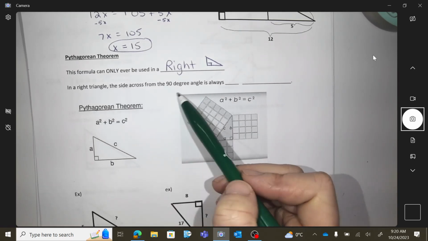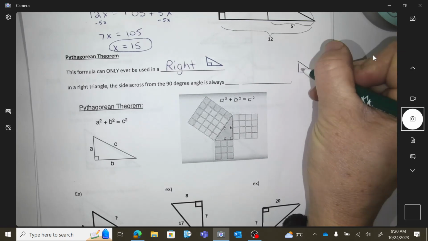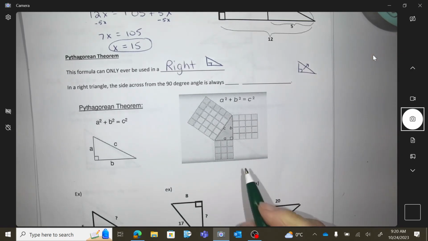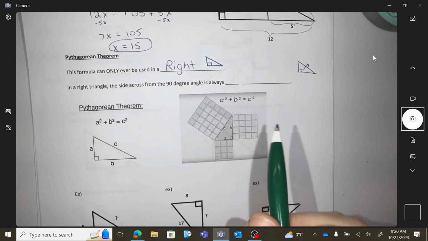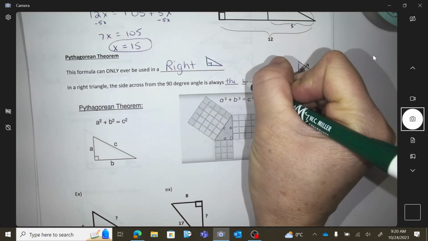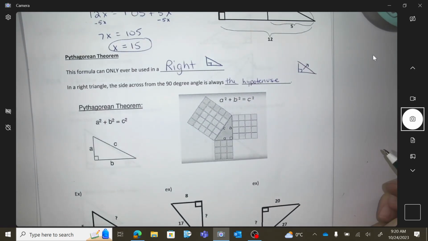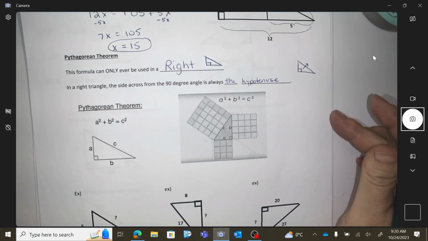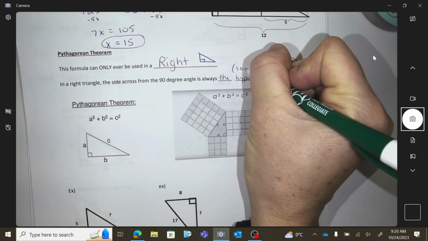In a right triangle, the side across from the 90-degree angle is always the hypotenuse. What else is that side always going to be? The longest.